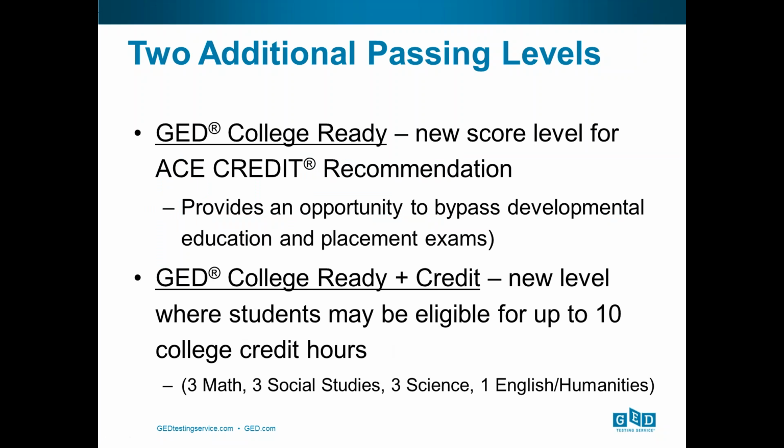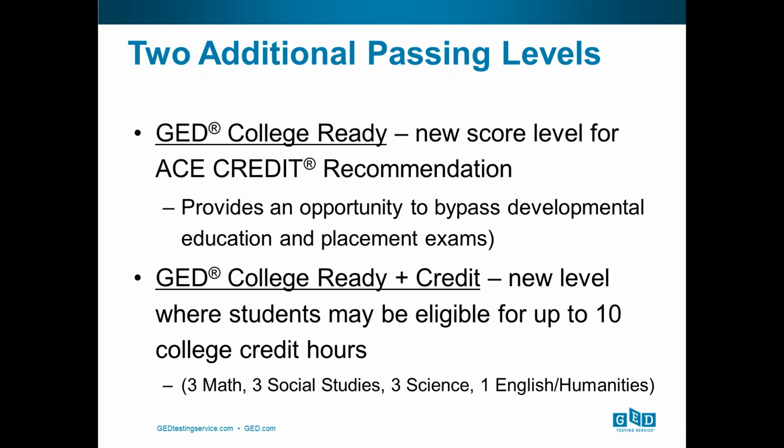So we've got these two additional passing levels. GED College Ready, a new score level for the ACE credit recommendation, is envisioned to provide an opportunity for successful test takers that score in this range to bypass developmental education and placement exams.